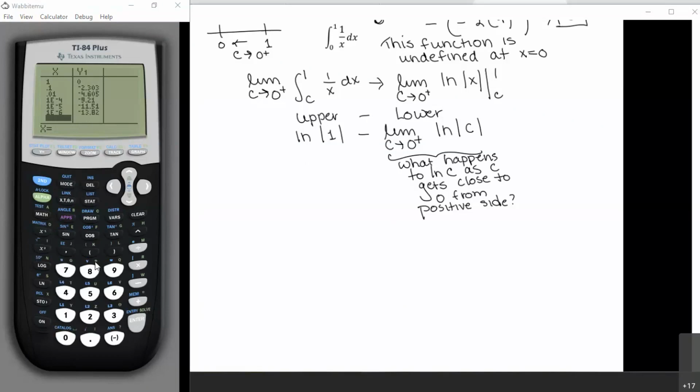Let's go into exponential notation, so maybe you can see it even sooner. How about 1e, and I'm going to give it a large negative exponent. How about negative 10? We can see what's happening here. Anybody, any ideas what's going on?